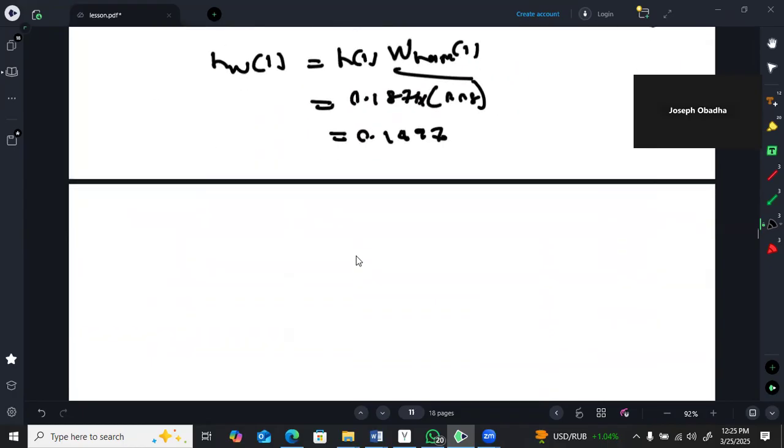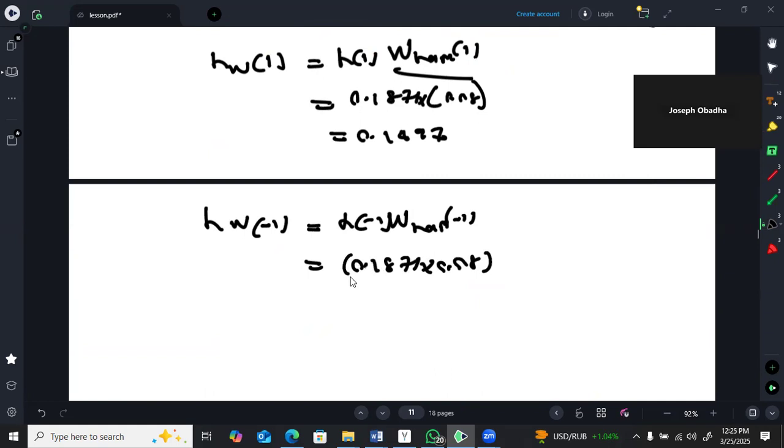Then HW minus 1 is also equal to H minus 1 times W Ham minus 1, which is 0.1871 times 0.08, which also gives us 0.1497.